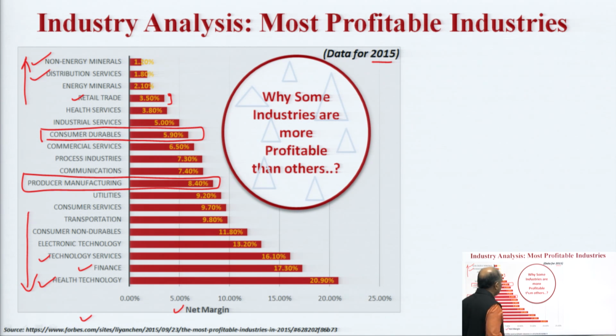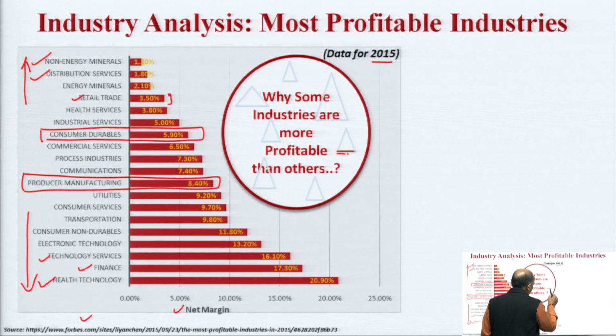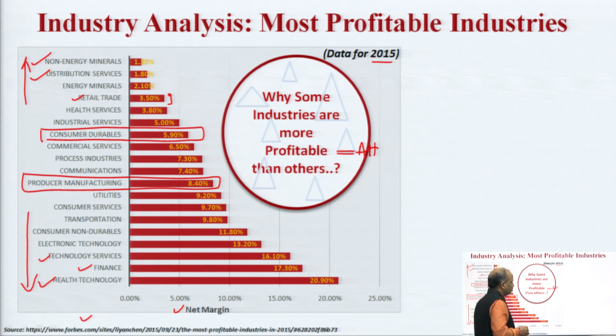Obviously, we can say that by nature these are different from each other, based on what we discussed in the previous slide, like the challenges they are facing, the growth potential they have, and the need they are targeting, etc. But systematically, is there a way to analyze why some industries are more profitable, hence more attractive? Is there any way to understand this?